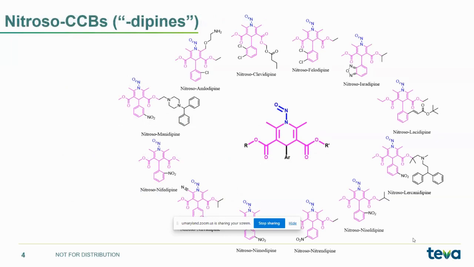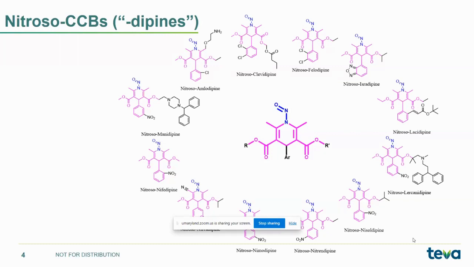What we see here is a very common scaffold amongst almost all of these calcium channel blockers. The amino group of the dihydropyridine is a secondary amine, which can theoretically undergo nitrosation, and the nitrosamine you would get is one that does not have any alpha hydrogens.